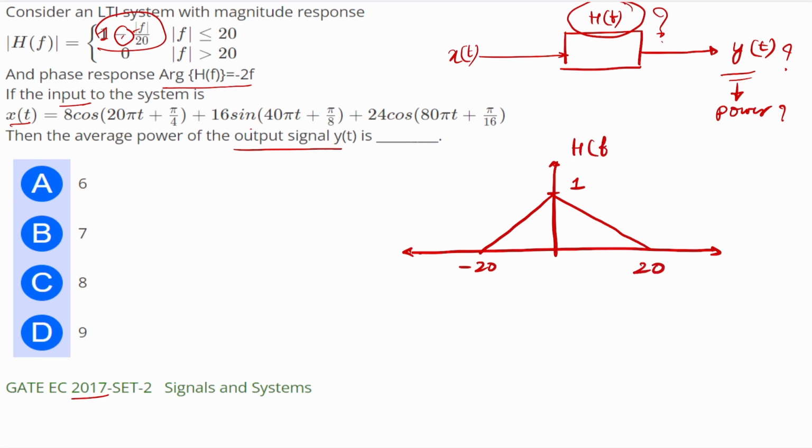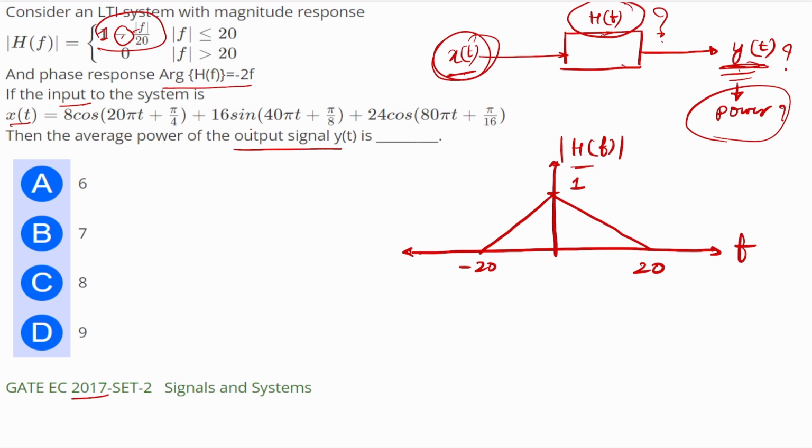This is H(f) given here, and this is f. Knowing that this is the response H(f), we can pass the x(t) signal through it in order to obtain y(t), and we have to find the power of y(t).